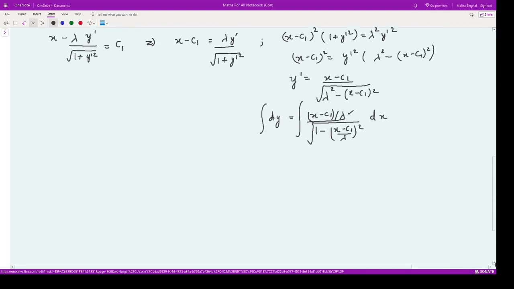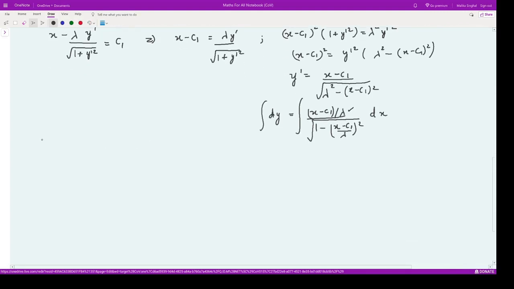For that, I will substitute (x minus c1) upon lambda is equal to sine of theta. So now you must be thinking why I took lambda common out of here. So from here I get dx upon lambda is equivalent to cos of theta d theta.